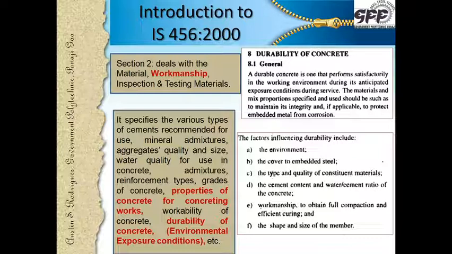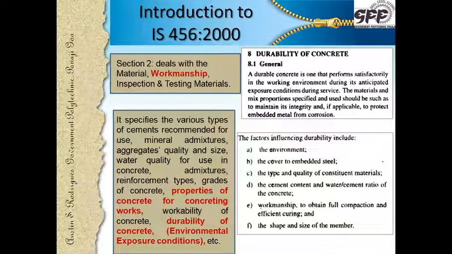And when we are talking of durability of the structure, obviously it means durability of concrete, because concrete, or RCC, forms the spine, the skeleton of the structure. So the durability of the structure is directly related to the durability of concrete.